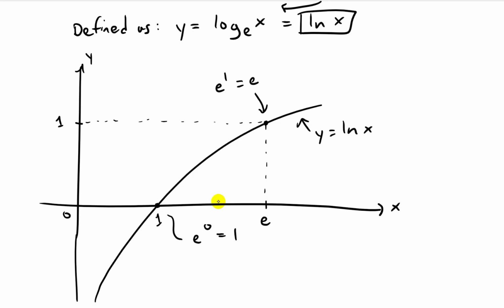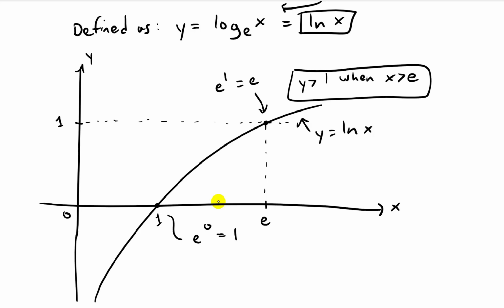So here, put an arrow like this. This right here, I'll just put a bracket here. So this is greater than 1 here. Or I'll just write y is greater than 1 when x is greater than e, like that. So that's in this upper region over there.